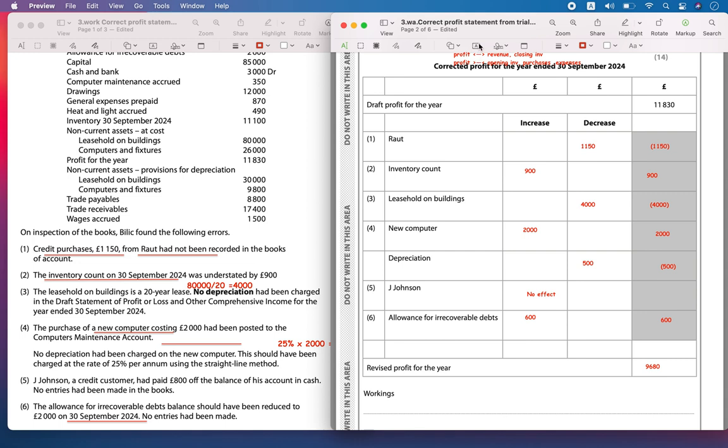So we can add up on this side, it's going to be equal to 900 plus 2000 plus 600, it is going to be 3500. Then on this side 1150 plus 4000, okay, 4500. So this value is going to be equal to 5650.